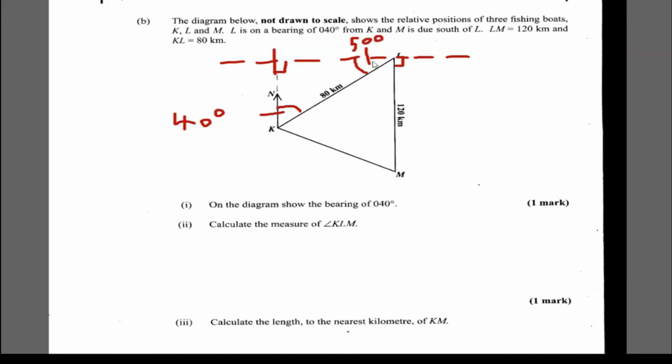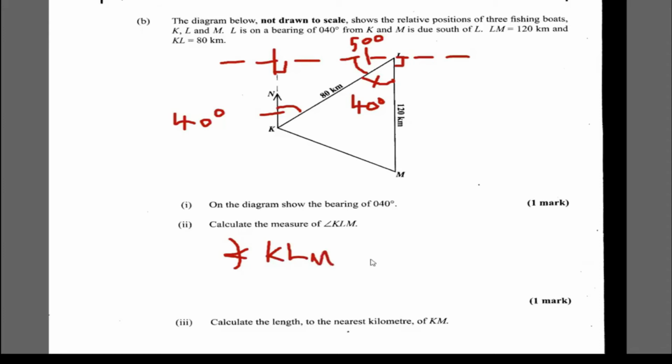If this outside here is 50 and this outside is 90, angles on a straight line are 180, so in here is also going to be 40 degrees. So angle KLM equals 40 degrees.